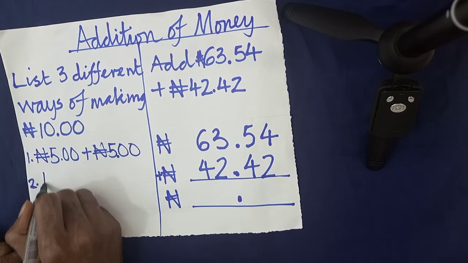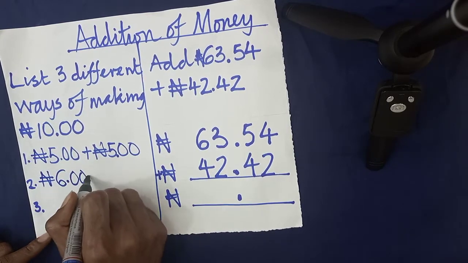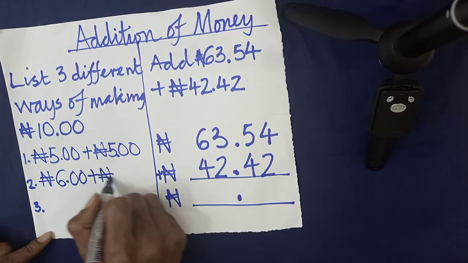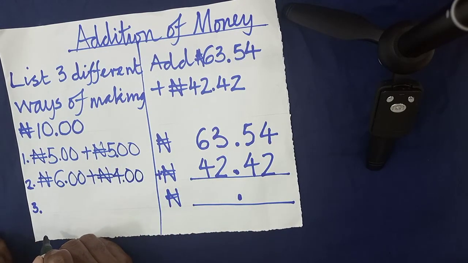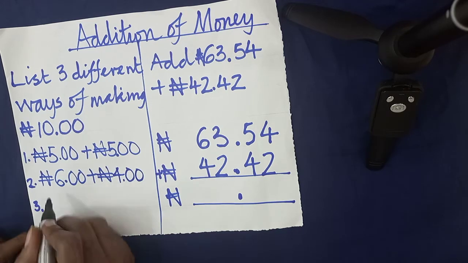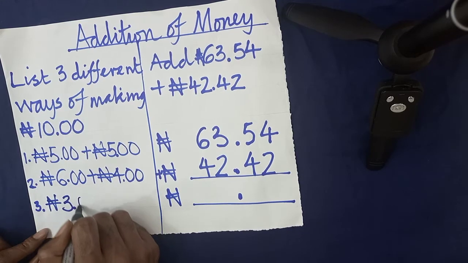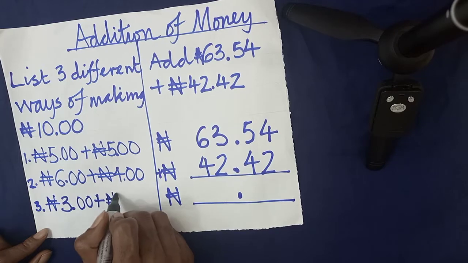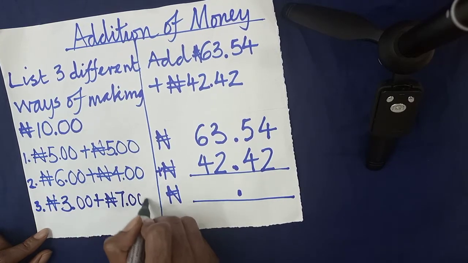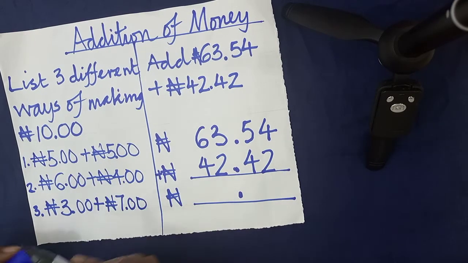Okay, also 6 naira plus 4 naira, when added, would also give us 10 naira. And finally, 3 naira plus 7 naira, when added, is going to give us 10 naira. Okay, let's move on to the next part.